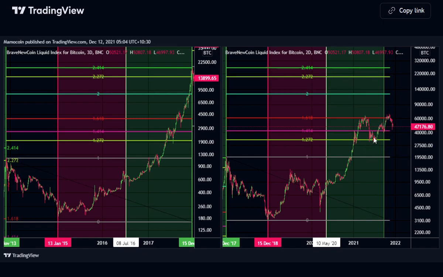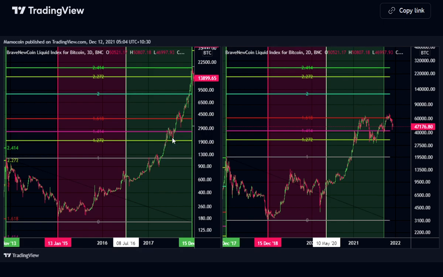we can see just recently with this run up from 30k and these 2 pullbacks along the way, there are some similarities with the 2017 bull run here. We did get a pullback around that 1.414 level to the 1.272, and then we came above the 1.618 and had a decent pullback here with this wick not quite to the 1.414 level.